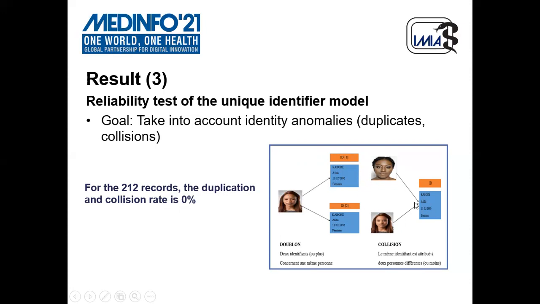A collision is when we consider two patients and attribute the same ID code to both persons. Our example here shows that there is no such thing. So we are very satisfied with our application. We say that it is strong.